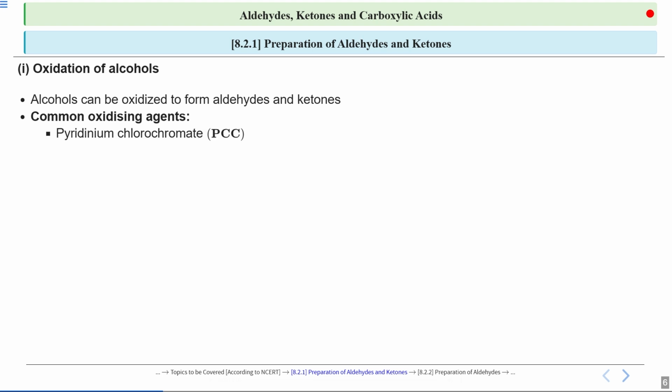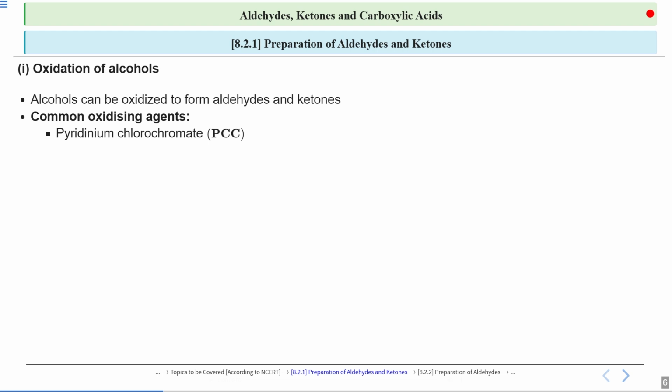The oxidizing agent which we use is pyridinium chlorochromate, which is called PCC. Now PCC is particularly useful because it selectively oxidizes primary alcohol to aldehyde without over-oxidizing it to carboxylic acid. So it stops the process at aldehyde.